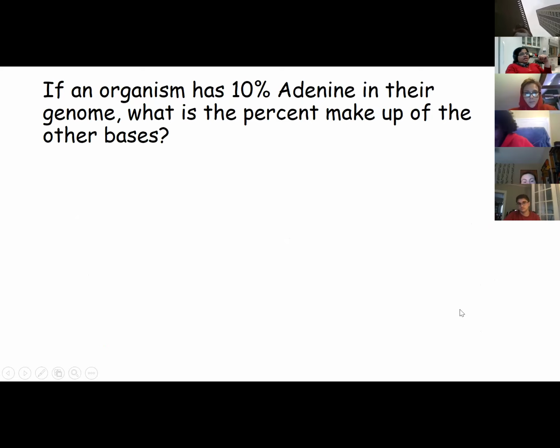Okay. If an organism has 10% adenine in their genome, what is the percent makeup of other bases? How do you think we'll go about this?